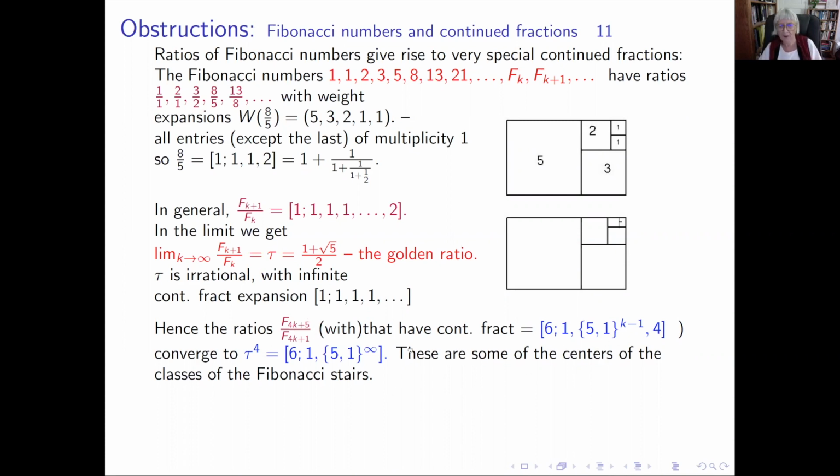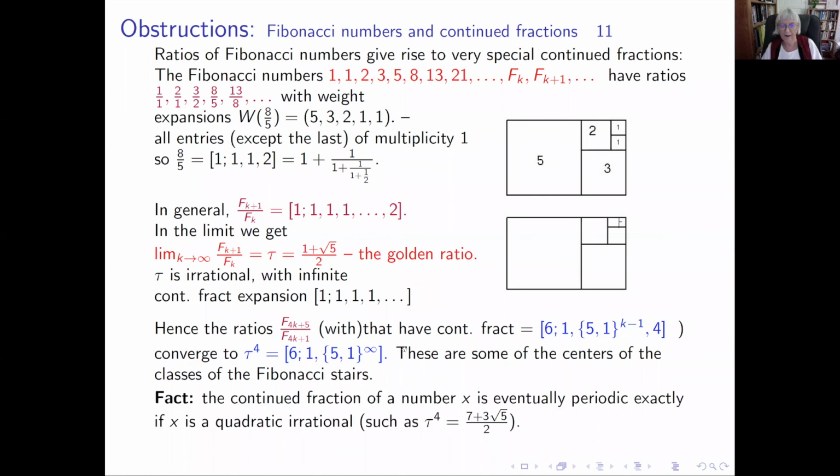But this is sort of half the centers of the Fibonacci stairs. And just as a fact, the continued fraction of a number x is eventually periodic exactly if x is a quadratic irrational. So all the numbers we're coming up with, all our accumulation points, are quadratic irrationals, and that's because of this fact. Okay.